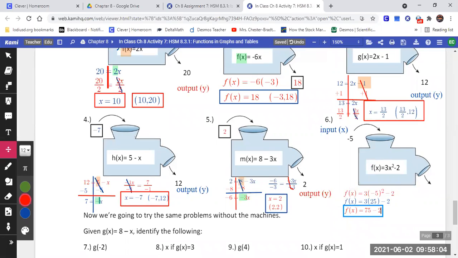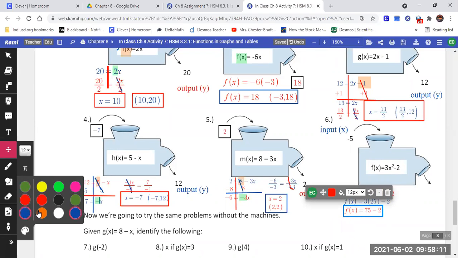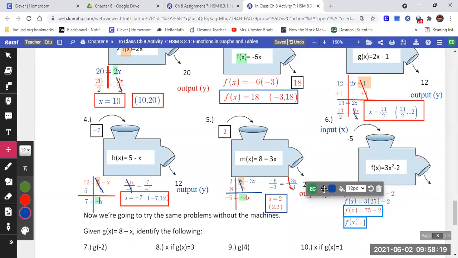And we're supposed to subtract 2 from it for our final answer. So our final answer is going to say f of x equals how much? Do the math. 73, but we need an ordered pair.